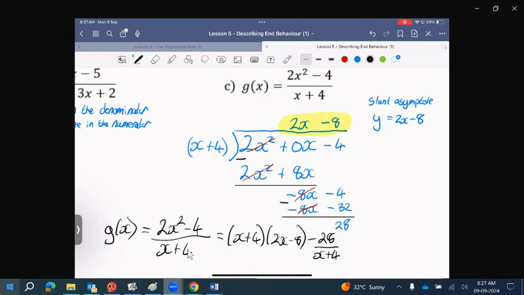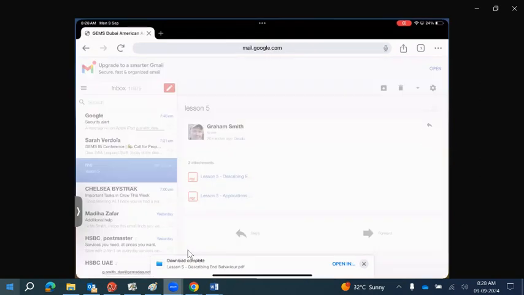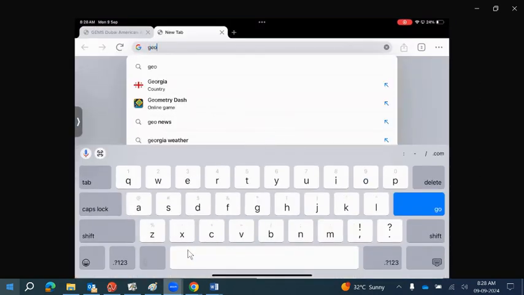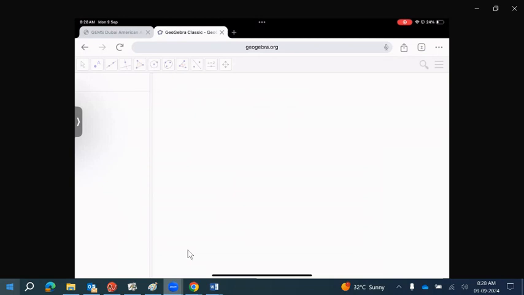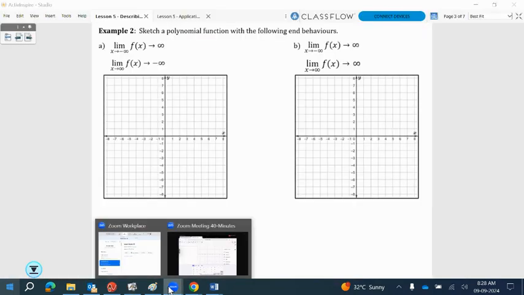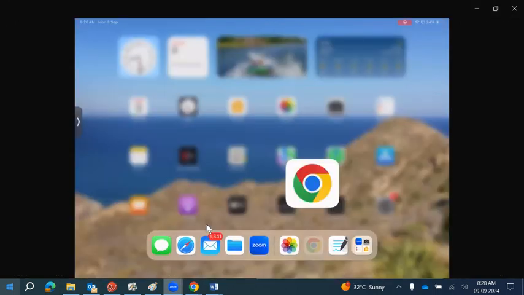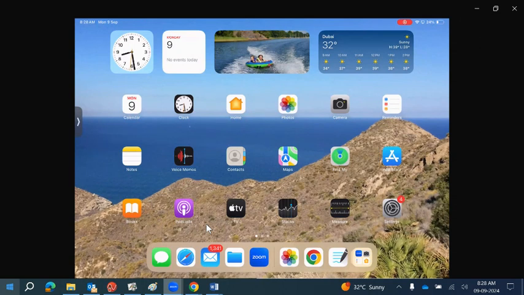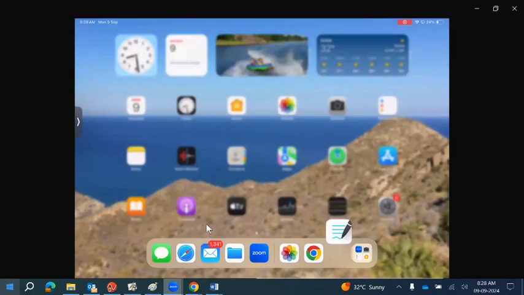Yeah, let's have a sketch of this. What's the best way for me to sketch it? Okay, so what was our function? 2x squared minus 4, over x plus 4.